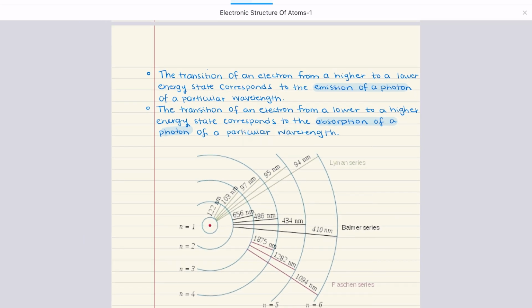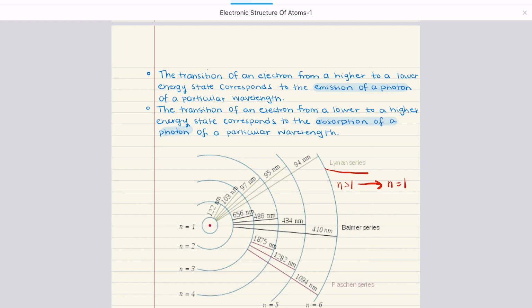Here we can discuss some important series that describe the concepts we just talked about. First one we want to talk about is the Lyman series. This describes the transition of an electron from a higher energy level, n greater than 1, down to the first energy level, n equals 1.